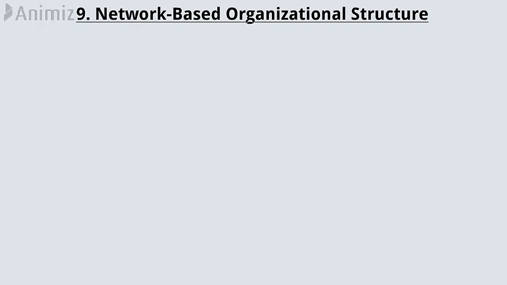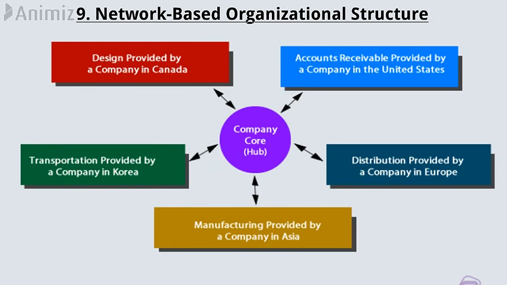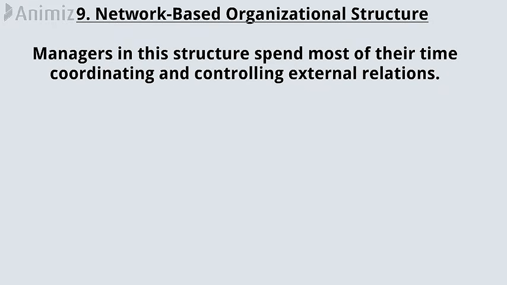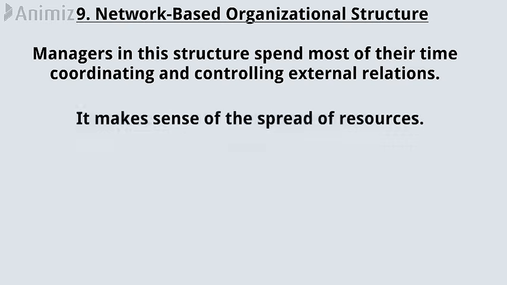9. Network-based organizational structure. Network structure is a modern concept. The network organization contracts out any business function that can be done better and more cheaply. Managers in this structure spend most of their time coordinating and controlling external relations. It makes sense of the spread of resources.